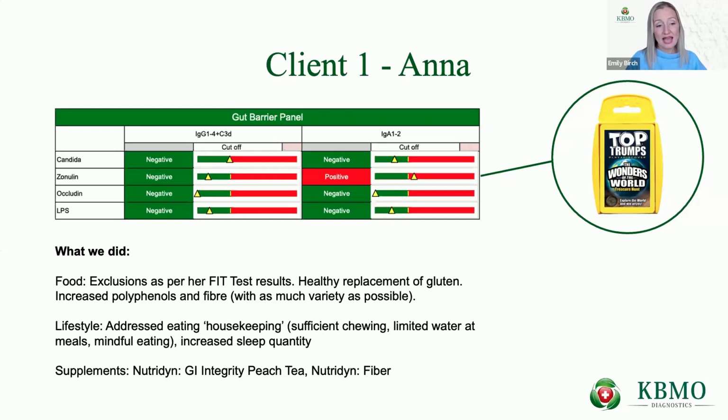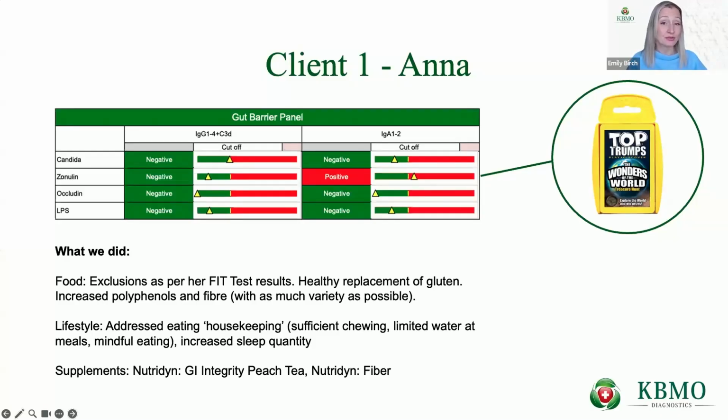So in terms of what we did then, well, food-wise, we put in place the exclusions as per her FIT test results. So we excluded those foods for a period of time before slowly reintroducing them.